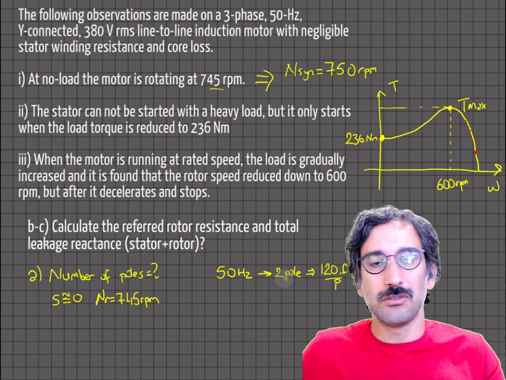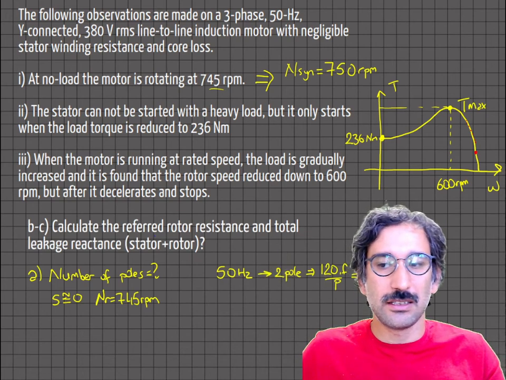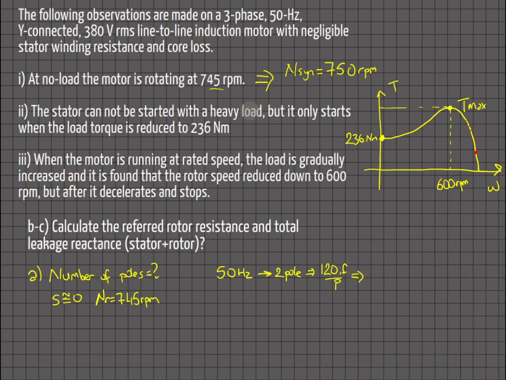If it were a two pole machine, the synchronous speed will be 3000 rpm. If it were a four pole machine, then it will be 1500 rpm. If it were an 8 pole machine, then it will be 750 rpm.